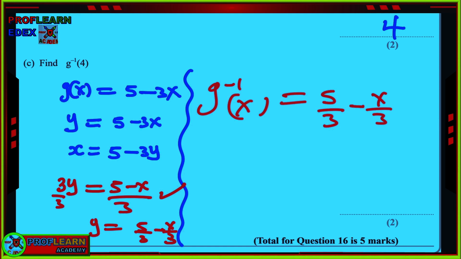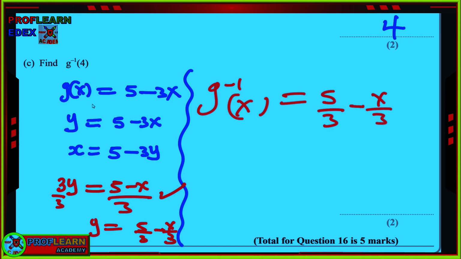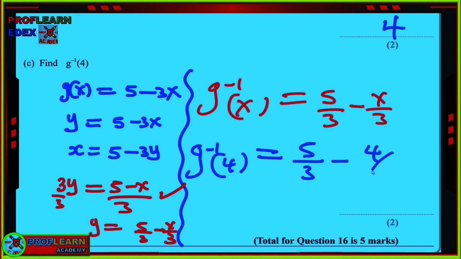But what you need to remember, we were not finding just the inverse function, but g inverse of 4, meaning in this inverse function, where we have x, we put 4, and then our answer becomes 5 over 3 minus 4 over 3.